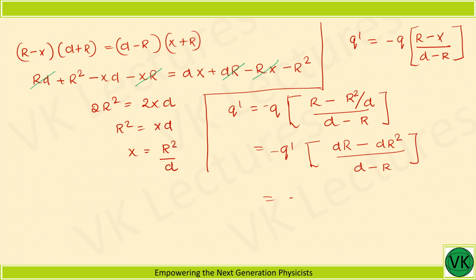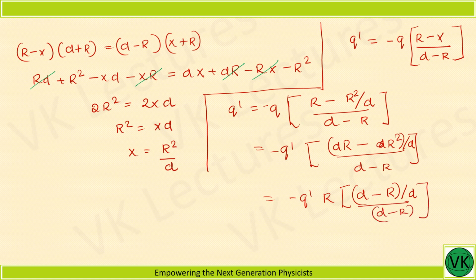Now let's take r outside, r into d minus r divided by d, divided by d minus r.